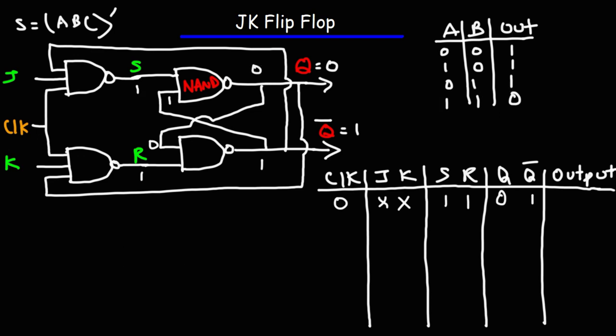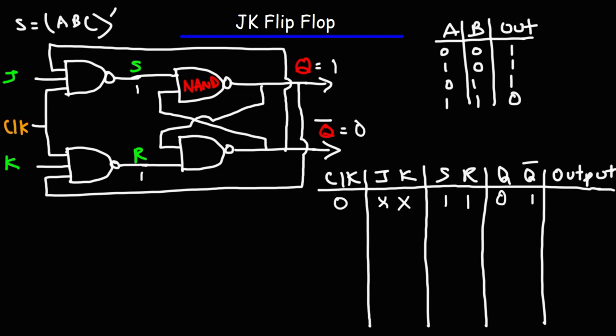Now let's see what would happen if Q had different values when S and R are both 1. Let's do it this way. So let's say Q is 1 and Q bar is 0.